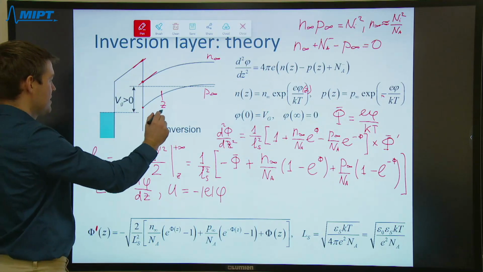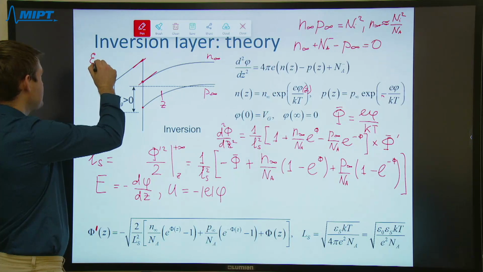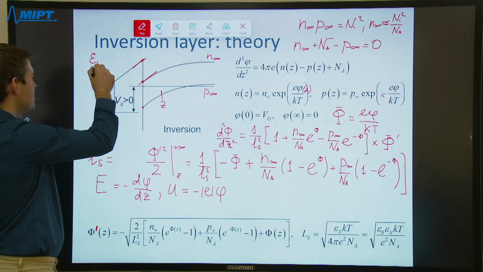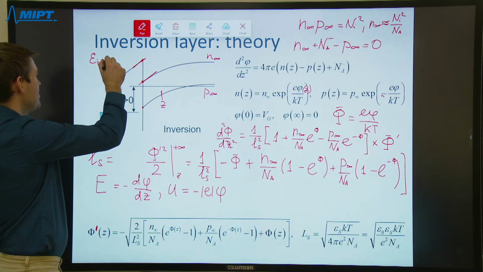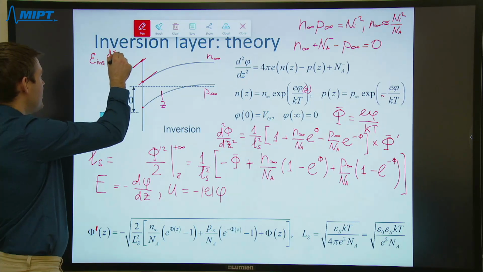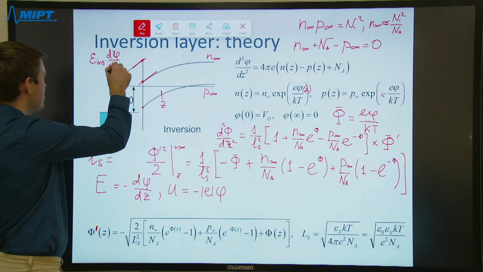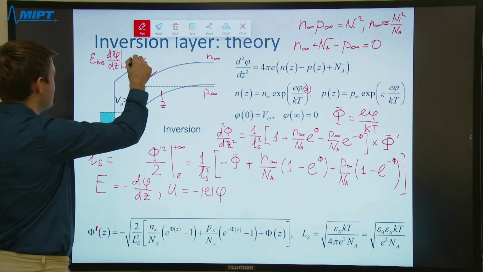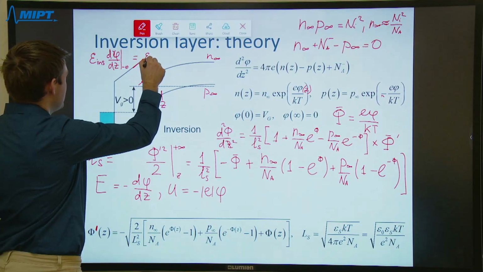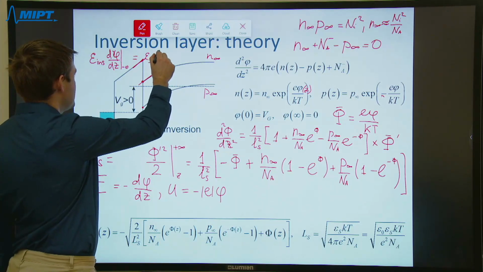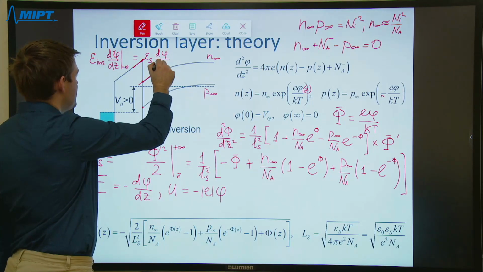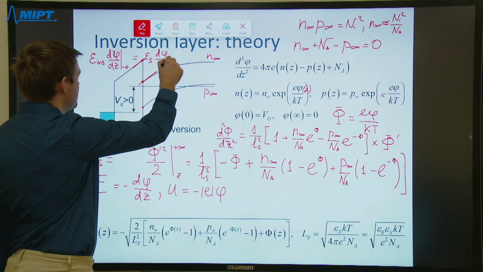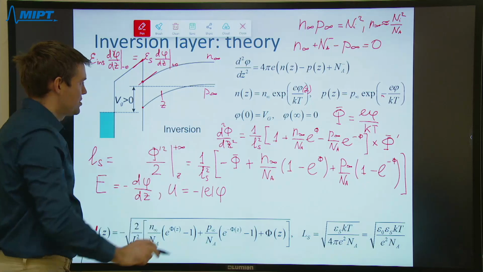It tells us that the dielectric constant of the insulator multiplied by the derivative of potential with respect to coordinate at the insulator side should be equal to the dielectric constant of the semiconductor multiplied by the derivative of potential with respect to coordinate at the semiconductor side.